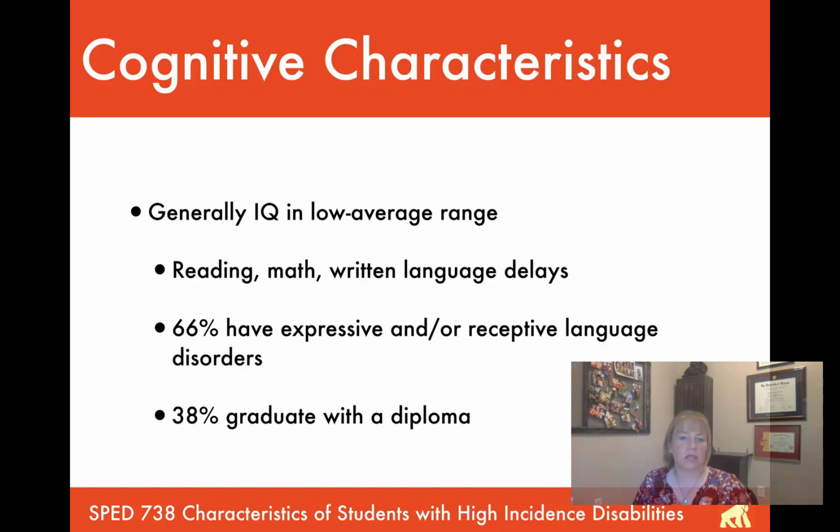And so as these students get into high school and their behaviors may become more aggressive, they're more difficult to manage, partly because of size too, as they become closer to being adults. The last thing we want to do is get them out of the school system. They need that support of the school system. Their parents need that support of the school system. So we really need to try as hard as we can at that high school level to avoid those dropout rates and ensure that they graduate with a diploma. That's how they're going to be most successful in life.